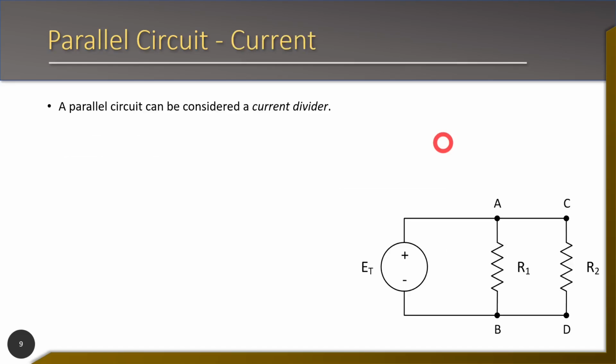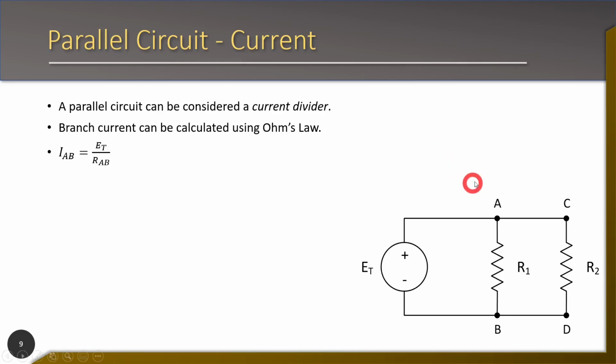Okay, so a parallel circuit is not a voltage divider. We found out that it has a common voltage across all components, but it is considered a current divider because current is divided among the branches. We're going to see that here. So the branch current can be calculated using Ohm's law. Okay, so I_AB, that's talking about this branch right here. We're defining that branch as sub AB.